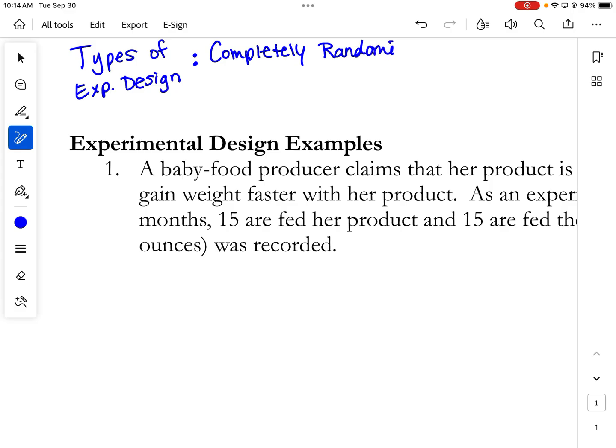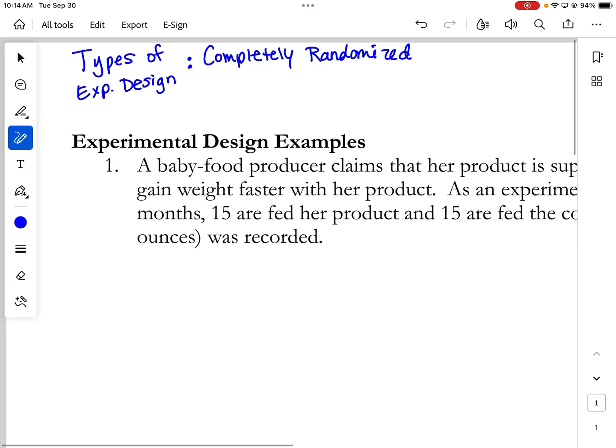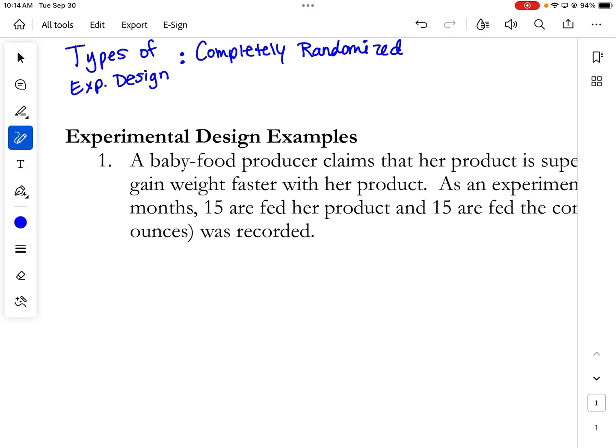Are completely randomized. That's when you're not worried about any confounding variables. Another one would be the randomized block.